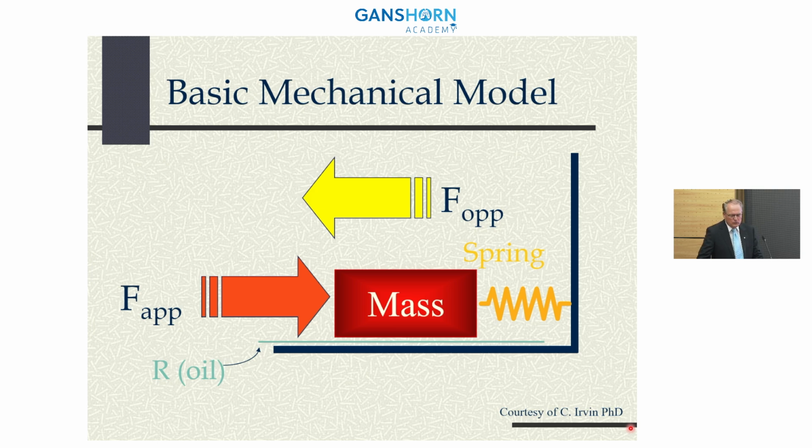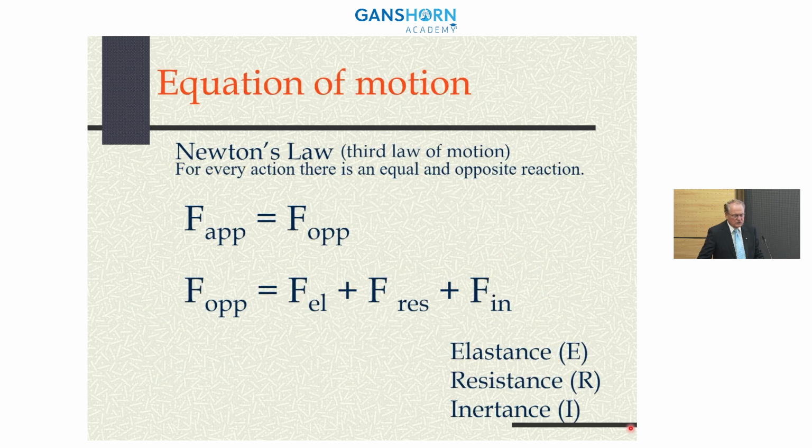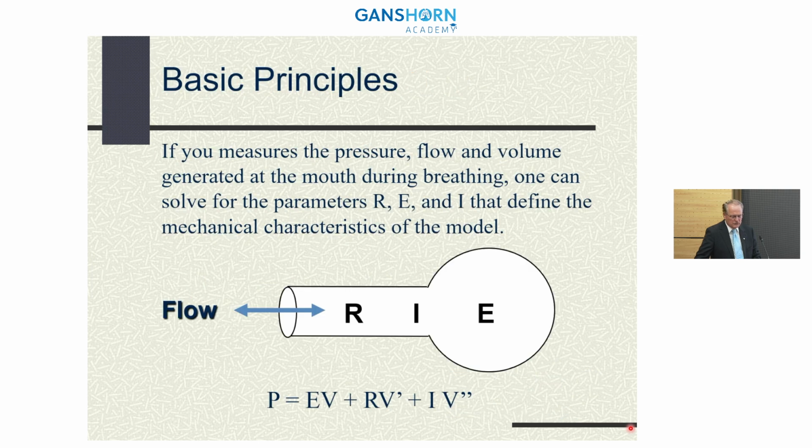There are rebound or spring properties that then create an opposite force or reaction. So we look at Newton's third law of motion, which states that for every action there's an equal and opposite reaction. And that opposition to flow, in this case, includes elastance, resistance, and inertance. All three of these are part of the opposition to flow.